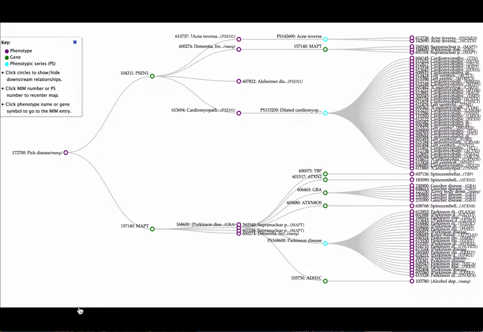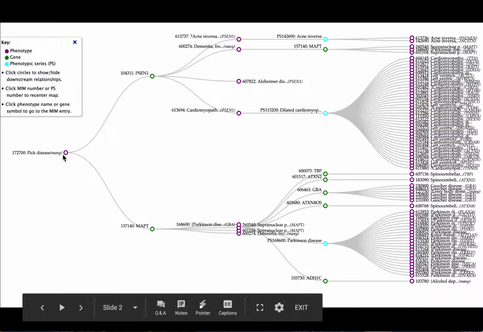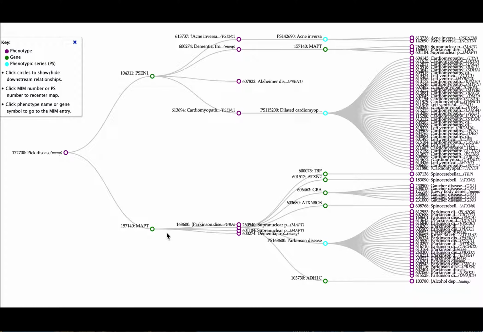So this slide shows the progression of the disease. So we have Pick's disease, and then right here, the MAPT becomes very important with chromosome 17 and the mutations that are involved in that. And so we also see MAPT over here.